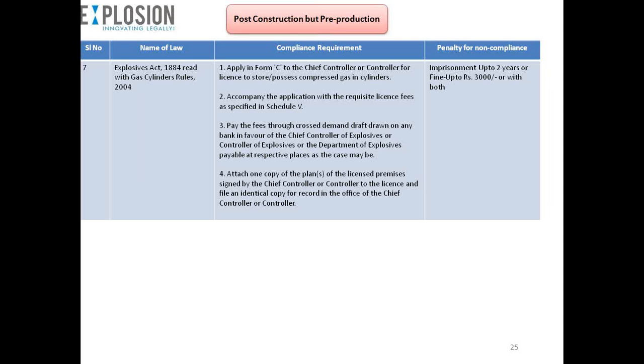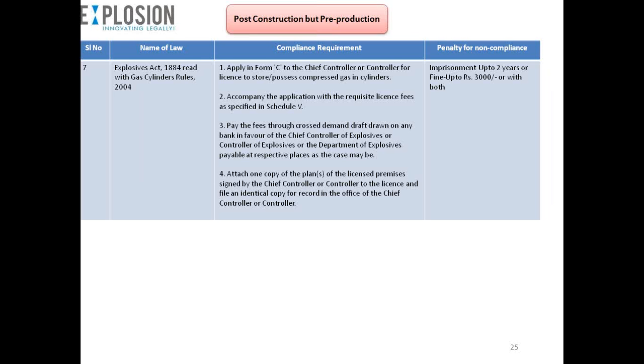So we've already seen the required compliance that you need to do before setting up any of these containers which store petroleum. And if you look at the enactment, it also specifies a certain area as a hazardous area, the area in which these containers are kept.